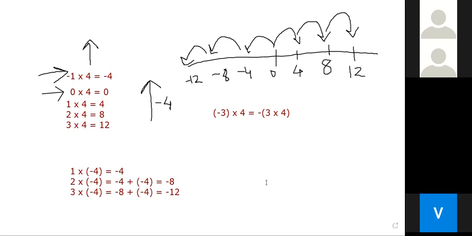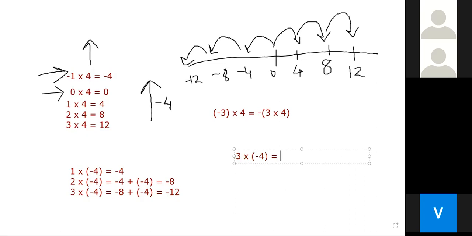Okay. Now, again, the same question as before. So in this way you get a sense that 3 times negative 4 is going to be basically negative 4 plus negative 4 plus negative 4.